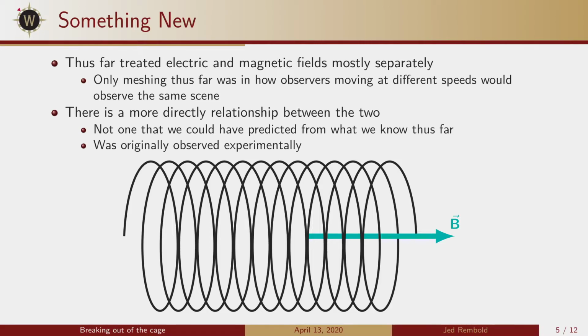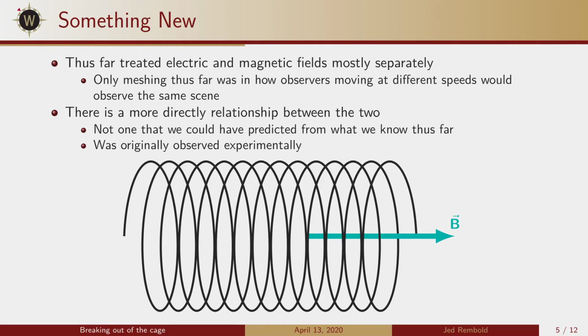And so in some cases we get an electric field, and in some cases we get an electric field plus a magnetic field, depending on how fast the person is moving, which is a bit of a conundrum and tells us right away that there's got to be some sort of tie-in between the two that we're maybe not clearly seeing at the moment.